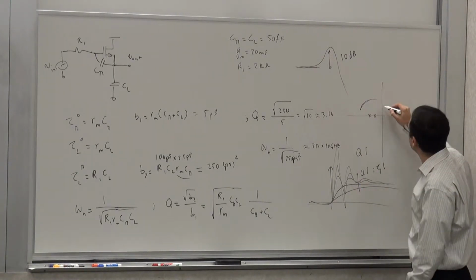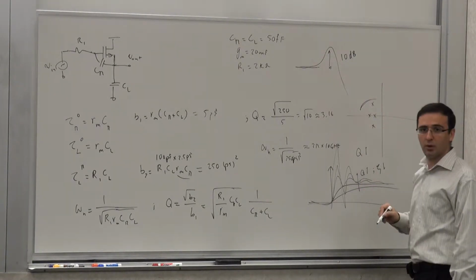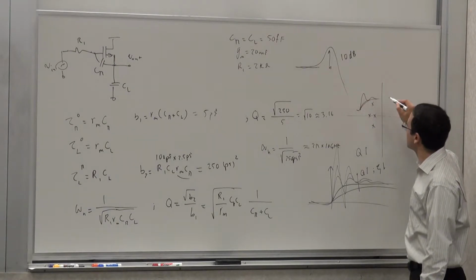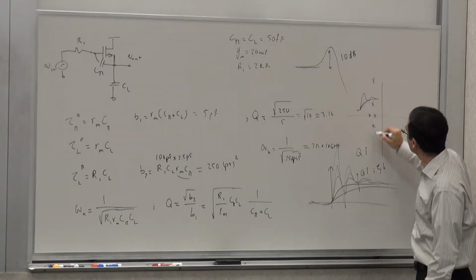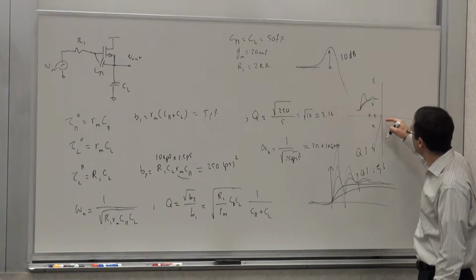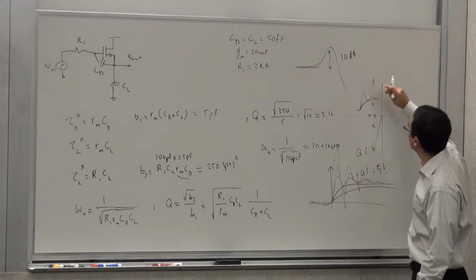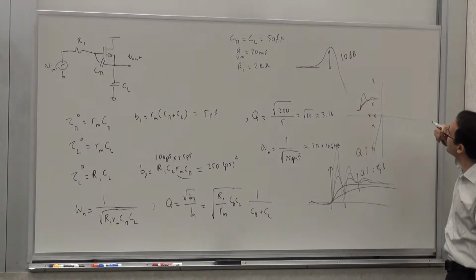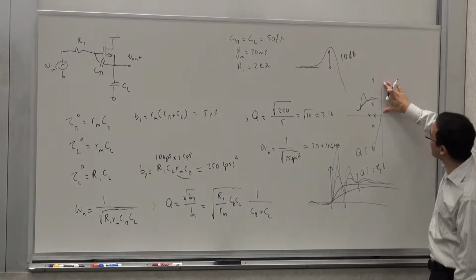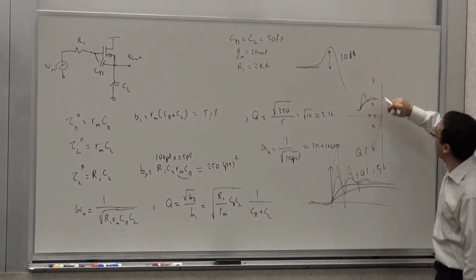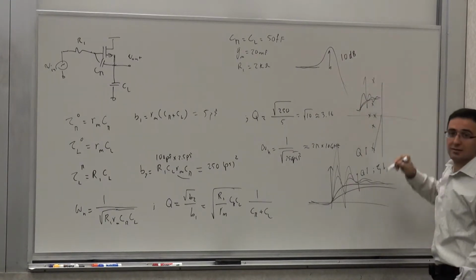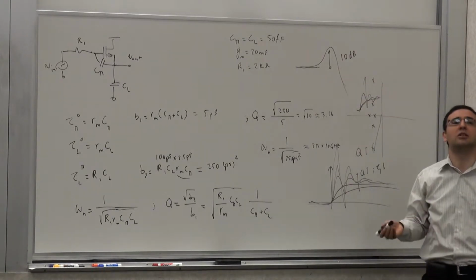But if you get a pair of complex conjugate poles like that, then the step response looks like that. And the farther out they are, the more underdamped they are. Basically, the slope of this angle determines zeta, or Q. The larger the ratio of the imaginary part to the real part, the more ringing you get, and the higher the Q.